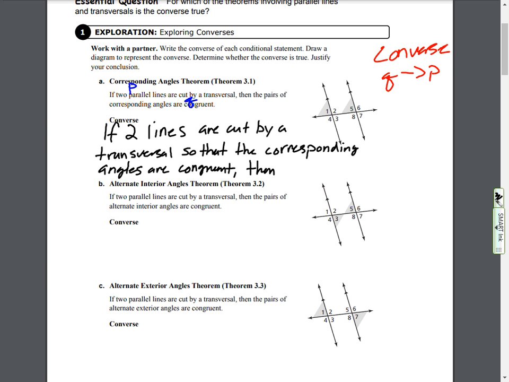Then the lines are parallel. Okay, so we needed our P to be at the end, right? There's our P, parallel, and we wanted congruent. So, if two lines are cut by a transversal so that the corresponding angles are congruent, then the lines are parallel. Okay, let's look at B.